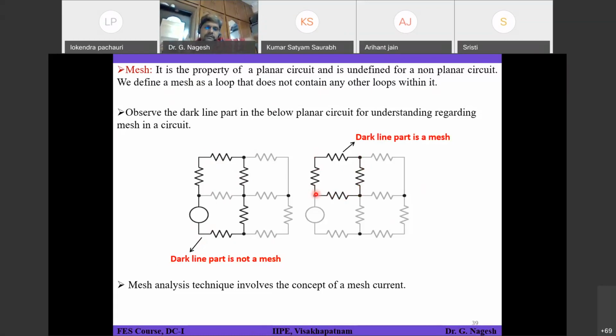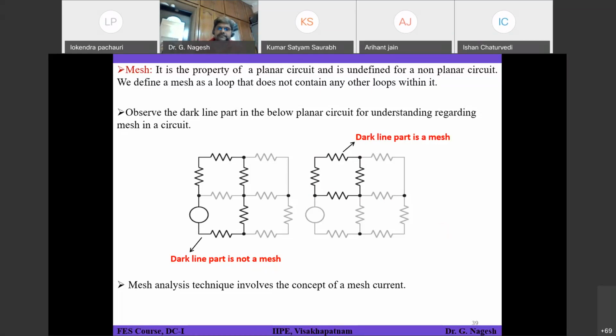So in circuit 1, the solid line is not a mesh. In circuit 2, the dark line part is a mesh. Is it clear? Yes, sir. Is it clear to everyone? Okay, so a mesh will be only a loop which does not contain any more loops within it.